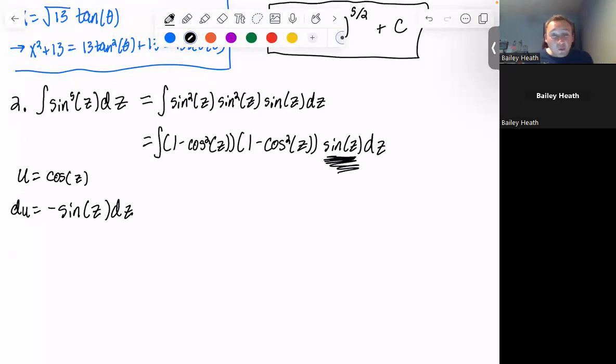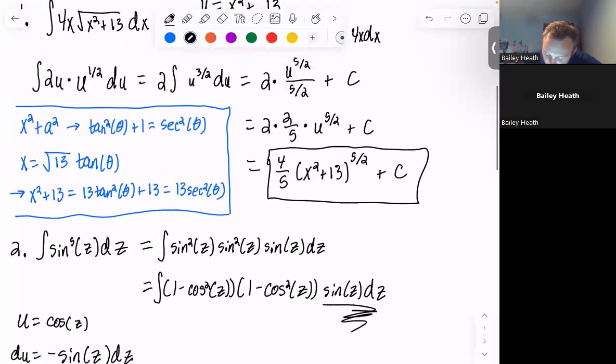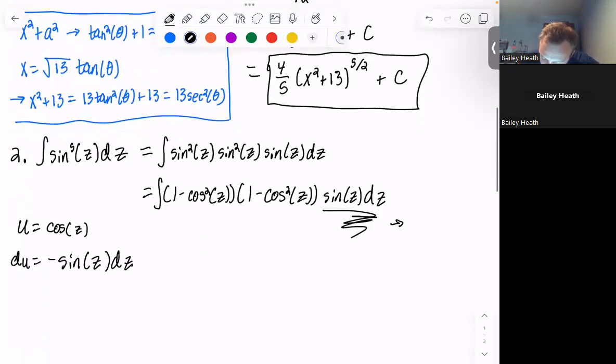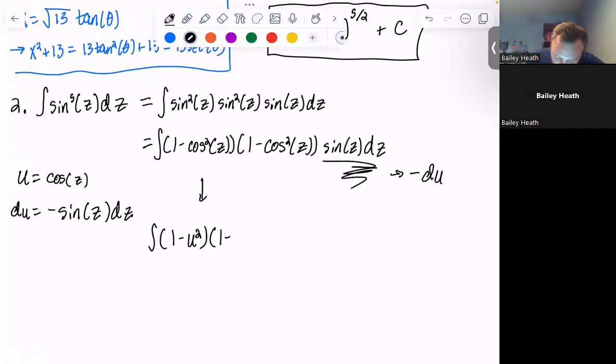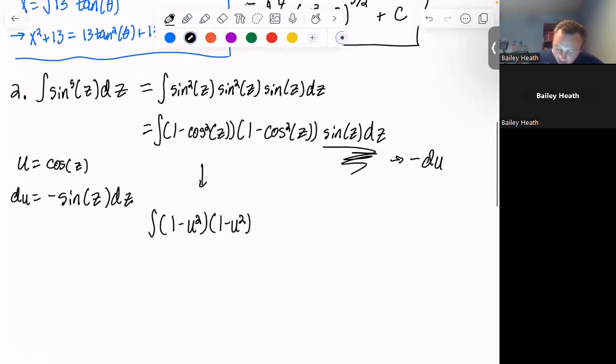The reason that's so important is because now this sine of z dz is just negative du. So this integral becomes the integral of 1 minus u squared, because our u is cosine, times 1 minus u squared again. And then that sine of z dz, like we said, is just negative du. So I'm going to just go ahead and stick that negative sign out front and put that du over here.